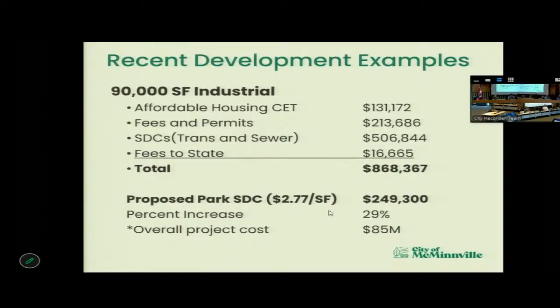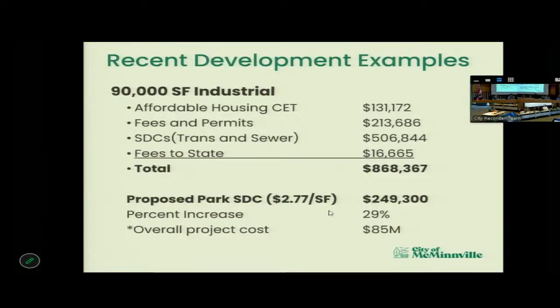Yeah, and your percentage increase is the increase to the total tab for fees and other SDCs, not total project increase. That's right, just for the development fees and SDCs that you pay to the city. You can get some sense of proportionality of the project because the affordable housing CET is 1% of the building permit value.